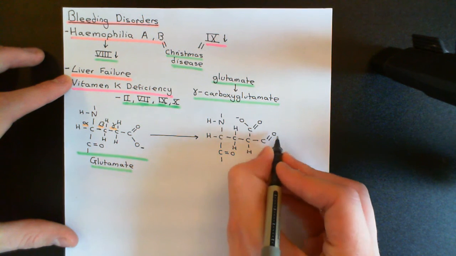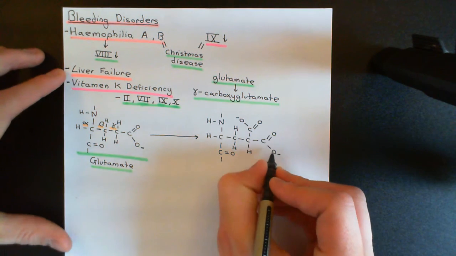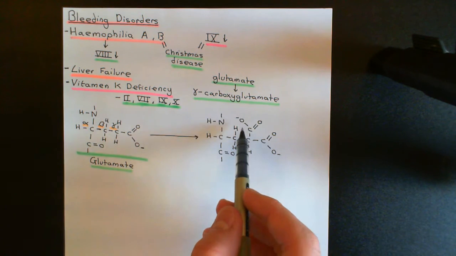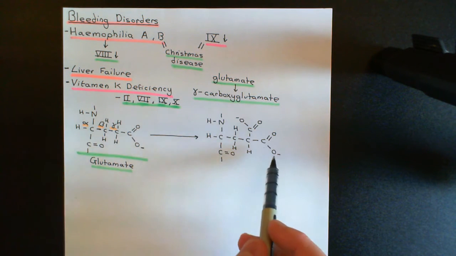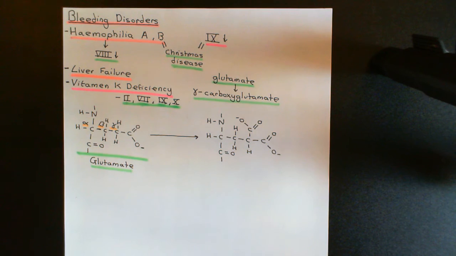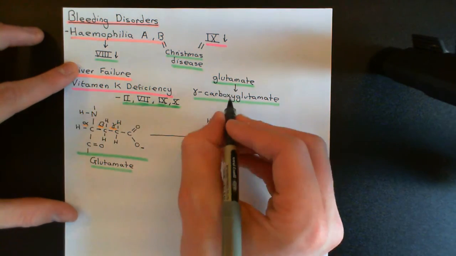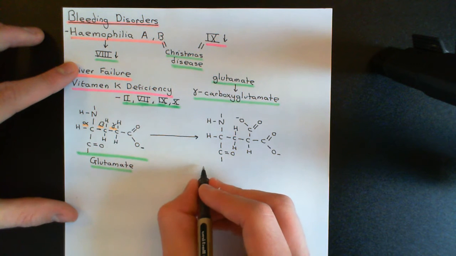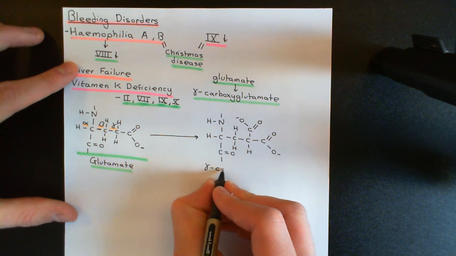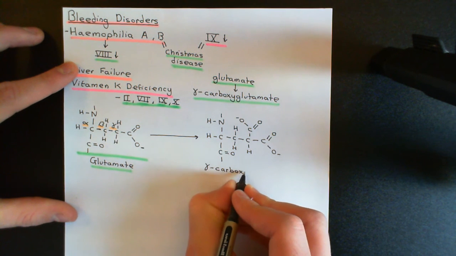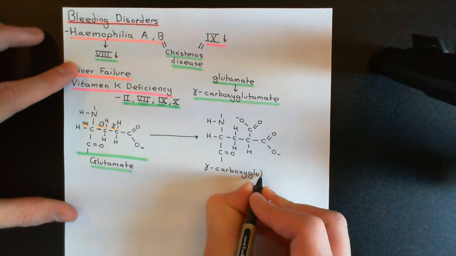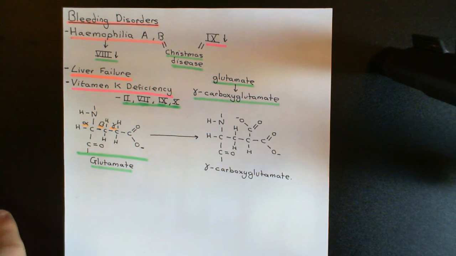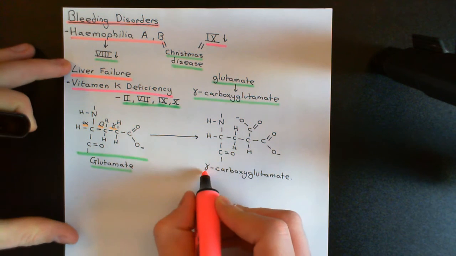Okay, so you'll have two carboxylic acid groups, like so, and now you can see why this is absolutely fantastic at sticking to calcium ions, because it's got these two negative charges here which are going to bind to calcium ions fantastically, which of course is the function of these gamma-carboxyglutamate residues in these coagulation factors. So this is now a picture of gamma-carboxyglutamate here.